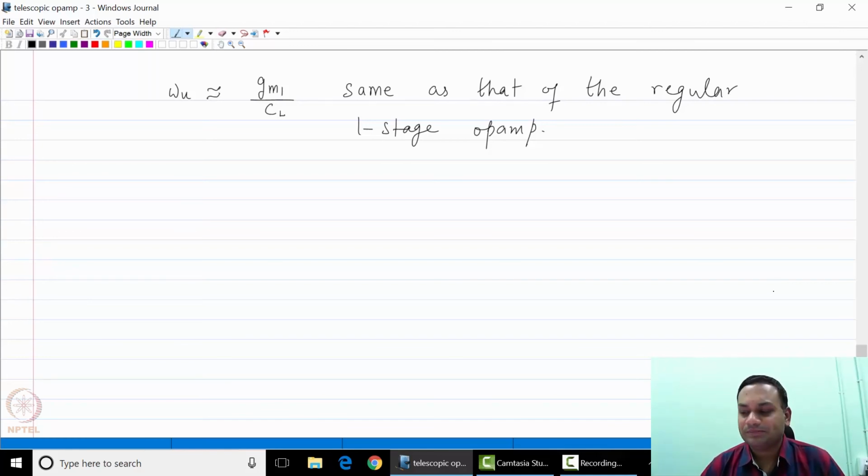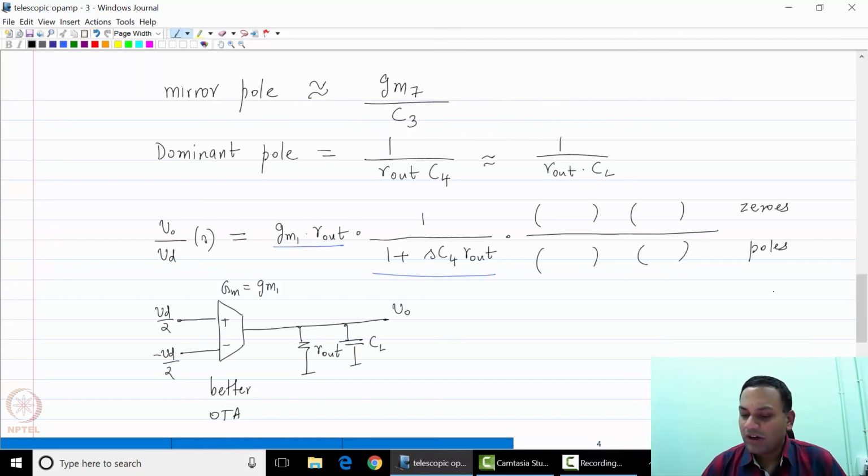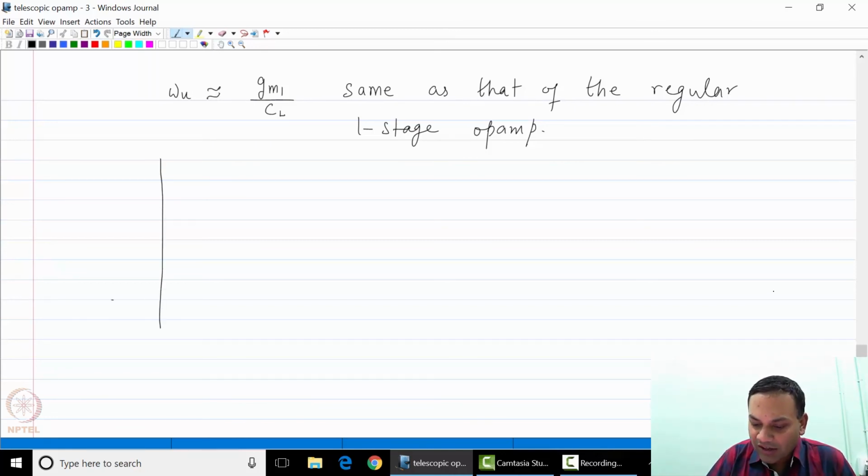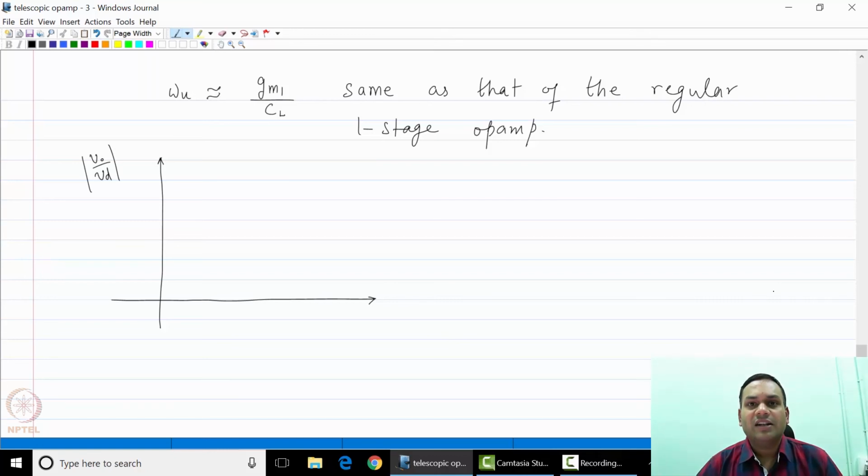You do have a whole number of extra, undesired poles and zeros, but at the end of the day, the transconductance is similar, the unity gain frequency is similar, and most importantly, the telescopic op-amp simply looks like a better operational transconductance amplifier because it has a larger R out. Now, let us draw the magnitude response so that we get an idea of what this would look like for the telescopic op-amp.